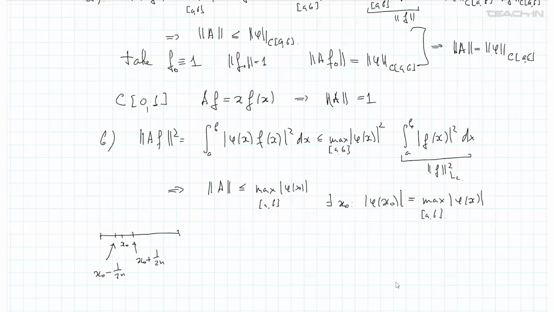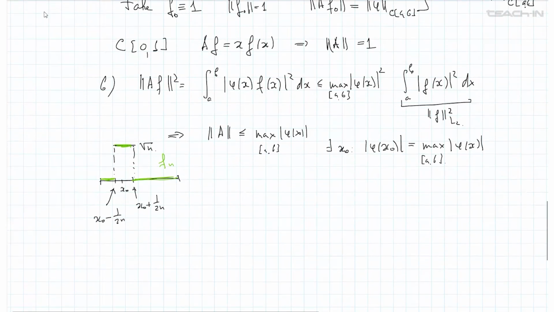And here I take the step function, and the height of this is square root of n. This is the graph of the function: here 1 square root of n, and here it is 0, here it is 0. It is the graph of the function f_n. I don't give a precise formula; I think from the picture it is obvious what we can do.